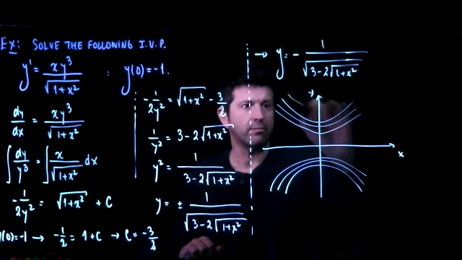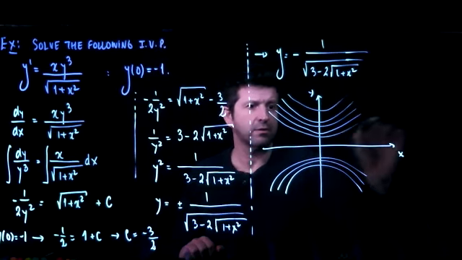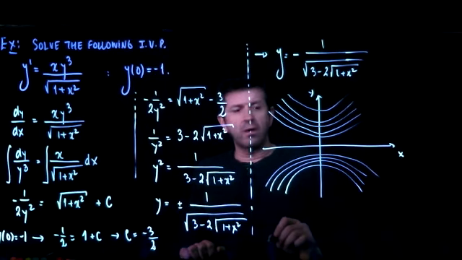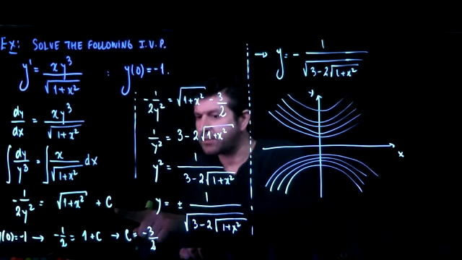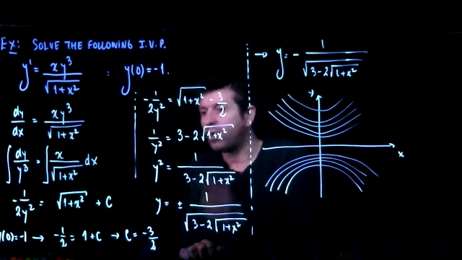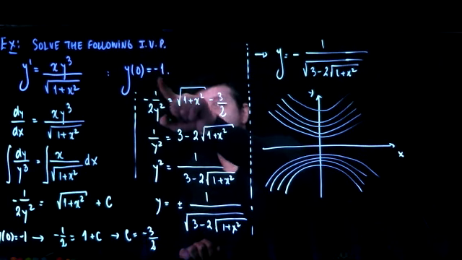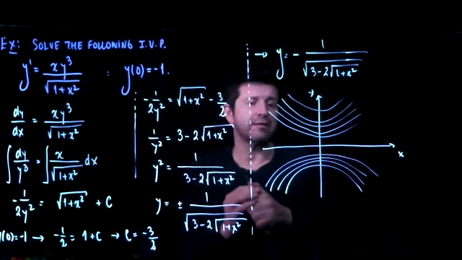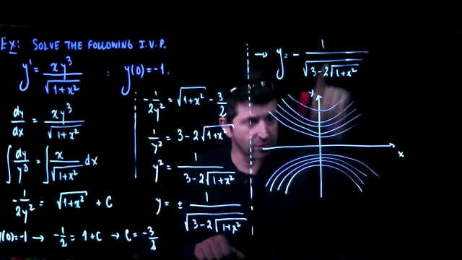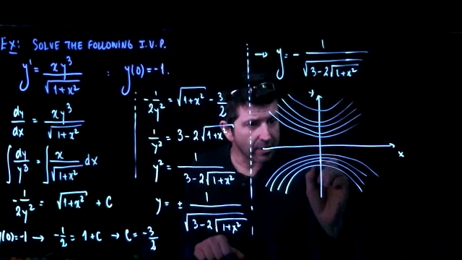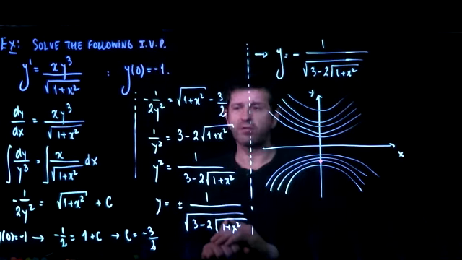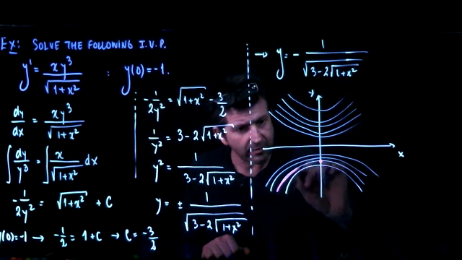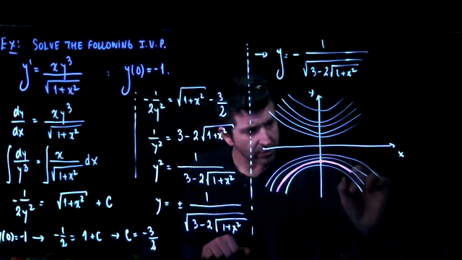There's tons of them, depending on what the C is, plus or minus. When we have the condition 0, -1, I'm just saying that I need to choose out of all these solutions only the one that goes through 0, -1. So that's why this is my particular solution, just this one.